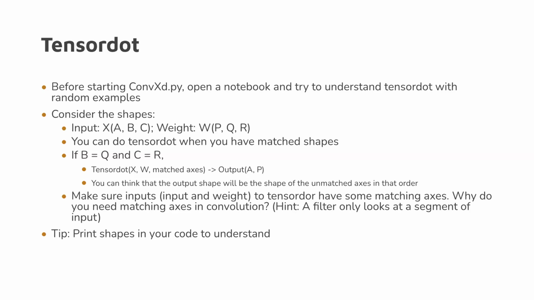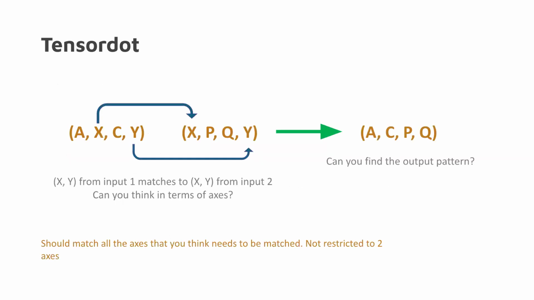Another important thing to note here is that printing the shapes in your code when you are performing the tensordot operation is really helpful. Maybe we can consider another example in the next slide. We can see a matrix which has shape a comma x comma c comma y, and another matrix which has shape x comma p comma q comma y.